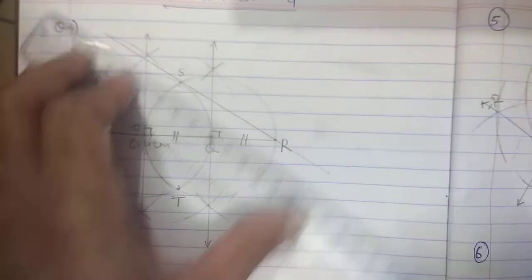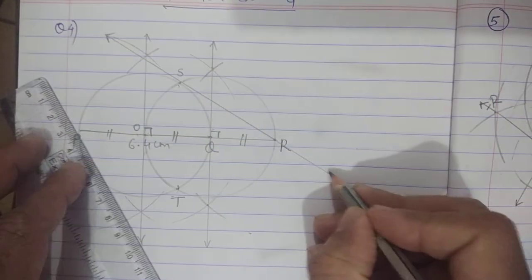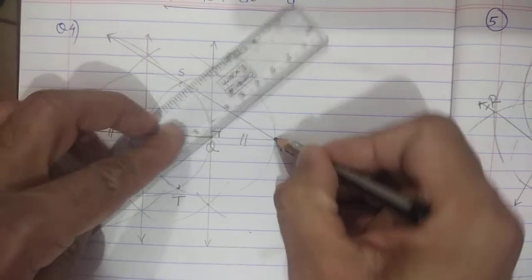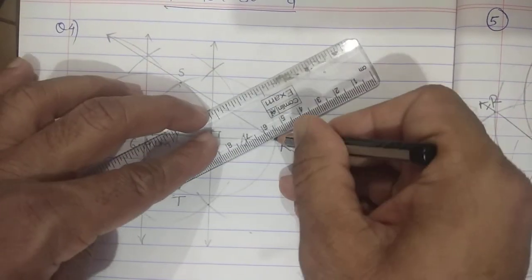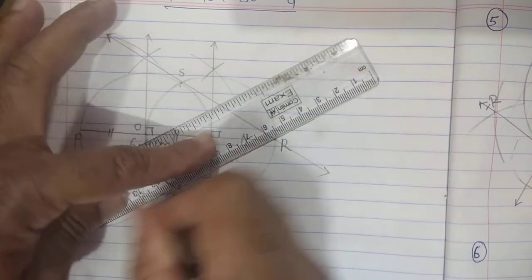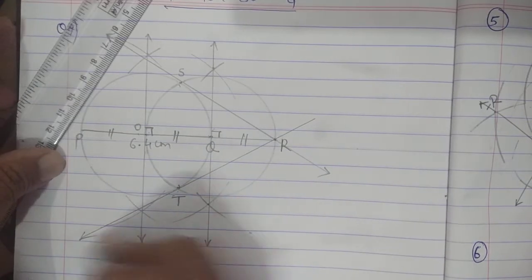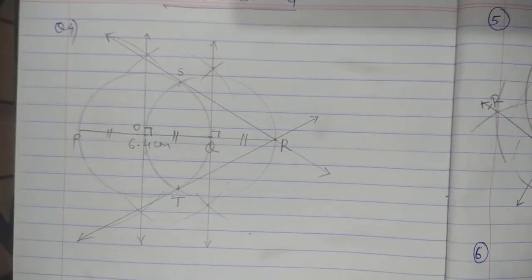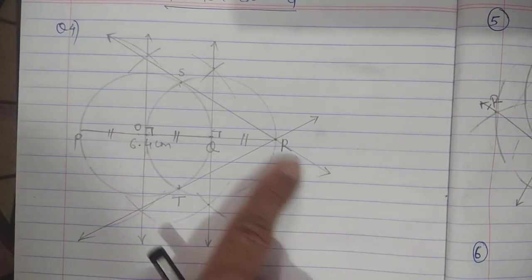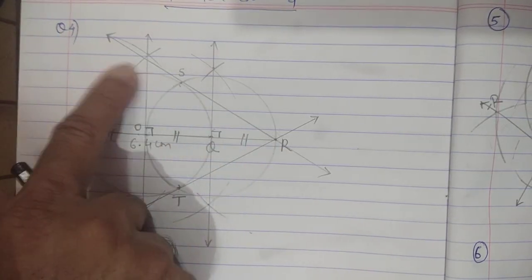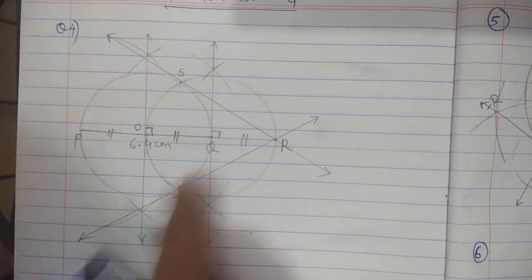This way you can extend it on both sides. And tangent RT also you will draw. So this way you will get two tangents drawn from point R to the original circle.